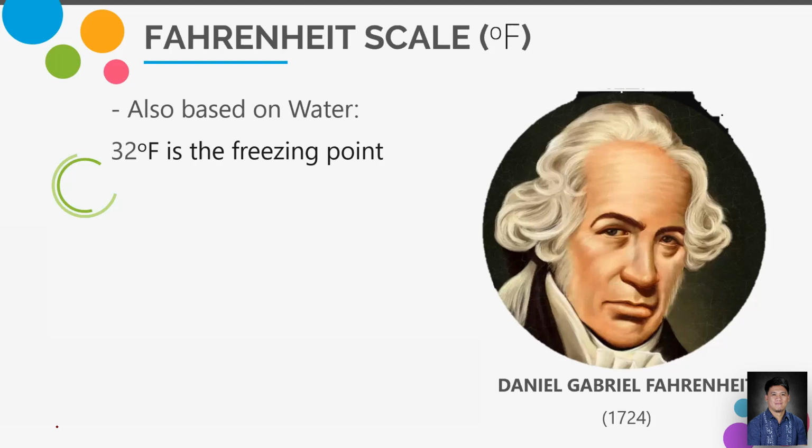So at 32 degrees Fahrenheit, the water freezes and it can produce ice. For the boiling point, we have 212 degrees Fahrenheit as the boiling point of water.